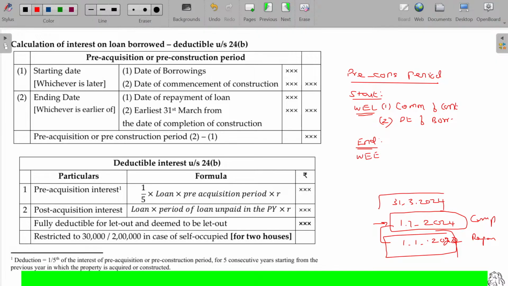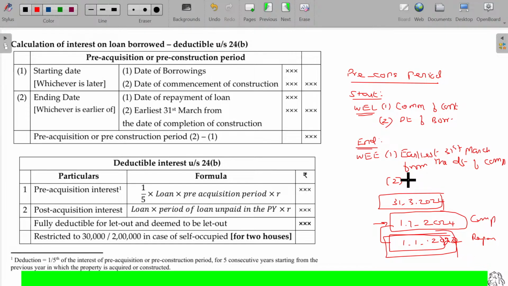So you have to compare this date as well as the repayment date, between these two, whichever is earlier will be taken. Is that okay? So here step number 1, earliest 31st March from the date of completion.